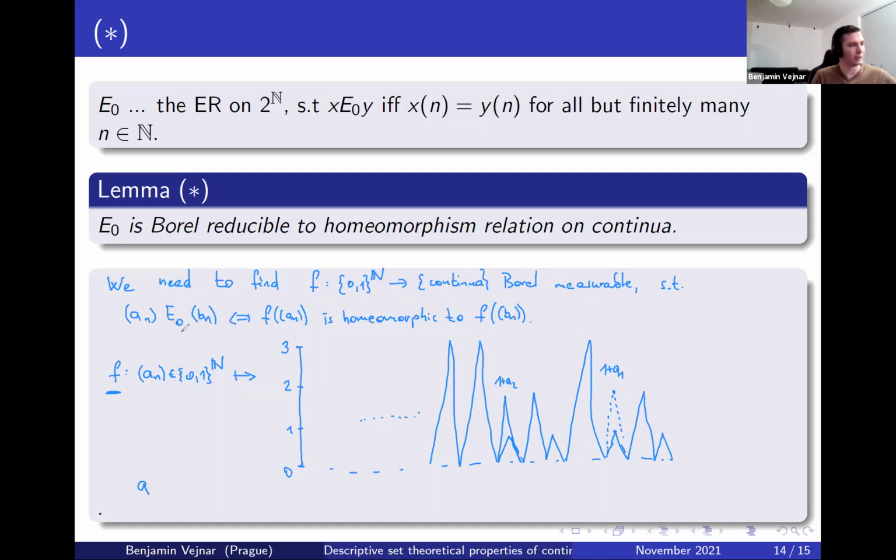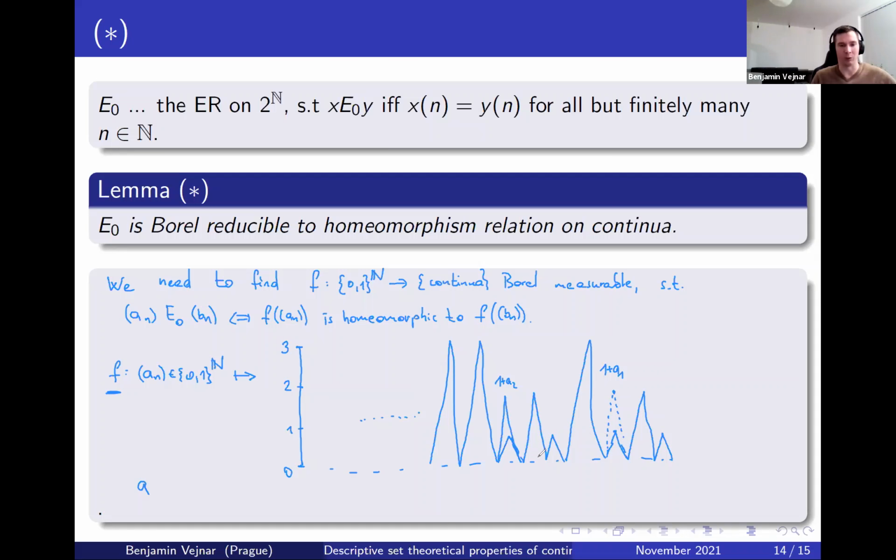But note that being E0 equivalent means that a_n and b_n are equal up to finitely many indices. Of course, if we have two corresponding pictures, then making just finitely many changes at the beginning cannot destroy a homeomorphism, right?